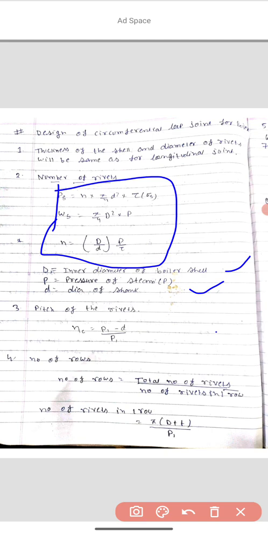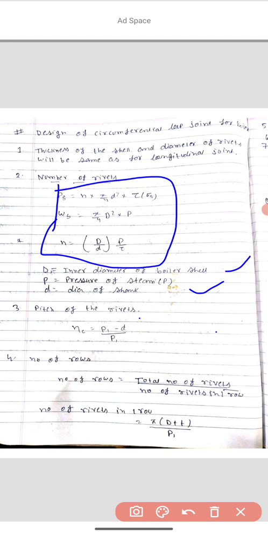So n is equal to D square by d square multiplied by P upon tau. This is the number of rivets that you are going to put in the boiler shell. Your number of rivets may be greater than that, but not less than the specified value that you get from this formula.